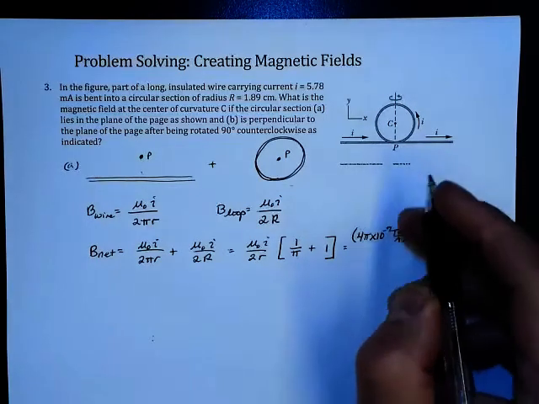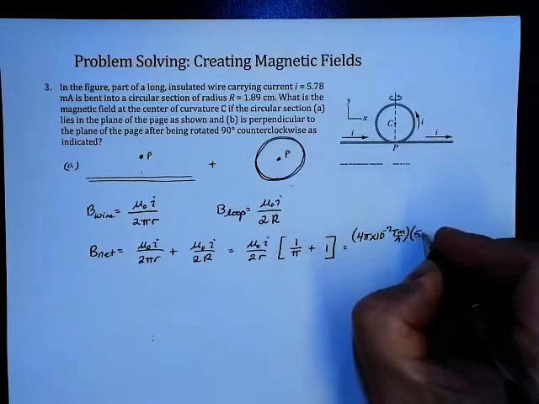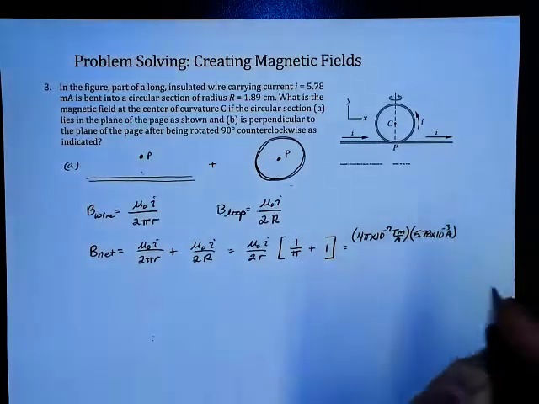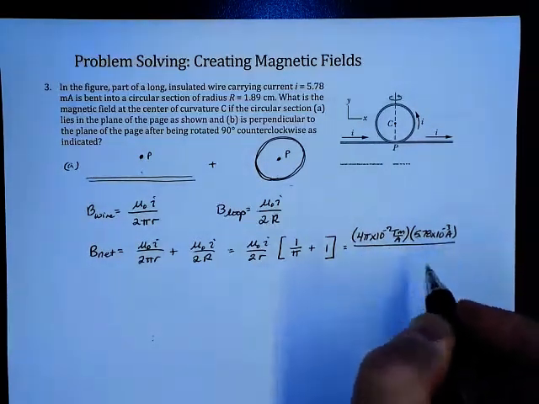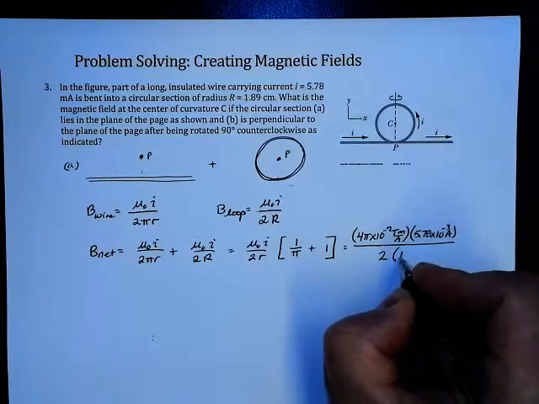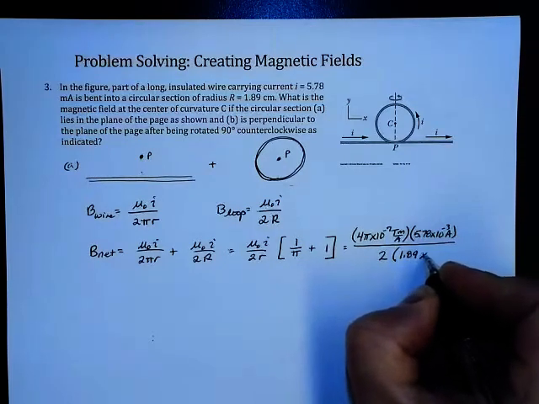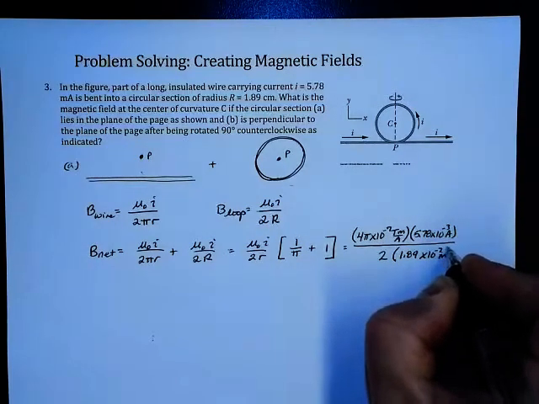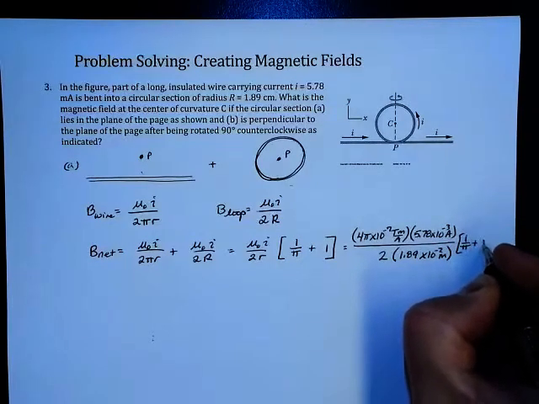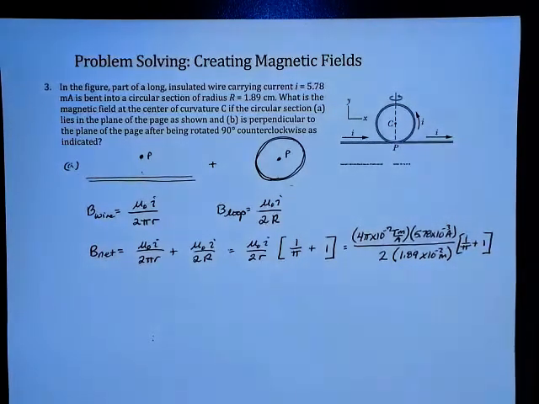The current, we're told, is 5.78 milliamps, so 5.78 times 10 to the minus 3 amps. And 2 is there. The radius is 1.89 centimeters, so 1.89 times 10 to the minus 2 meters. And then we have this 1 over pi plus 1 term out there.